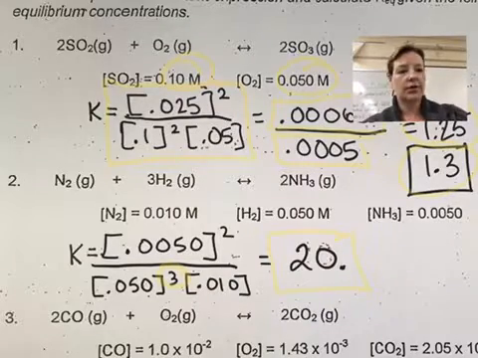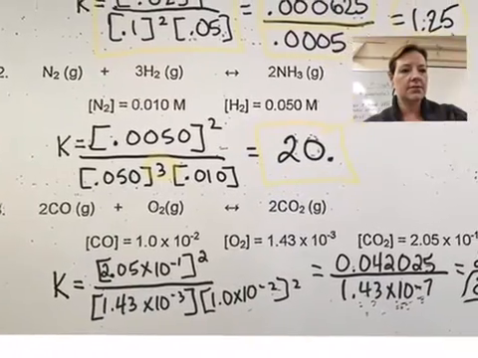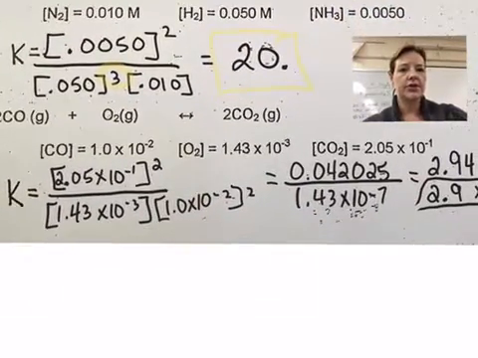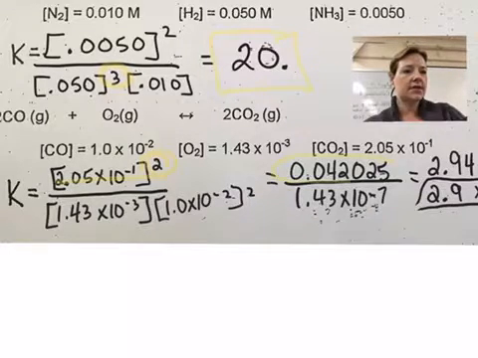Finally, on number 3 on this page, I did break down all of my work so that you can kind of see. I first went ahead and took 2.05 and I squared it, and I got this right here for the numerator. Then I took all of my denominator, solved for that, and I got 1.43 times 10 to the negative 7th.